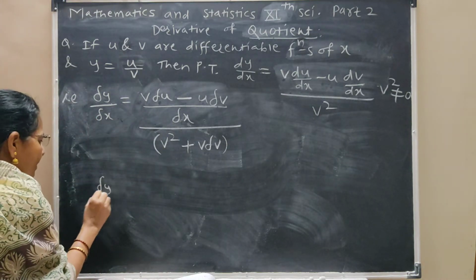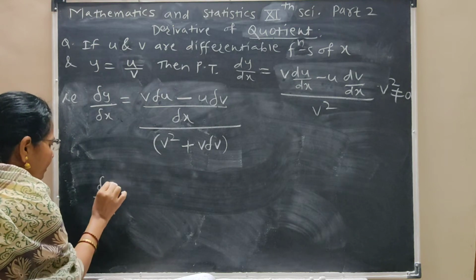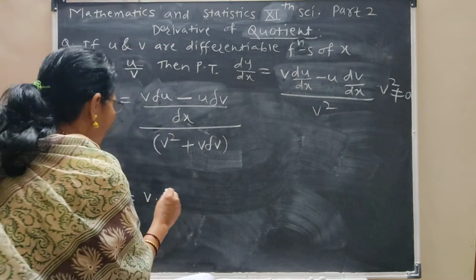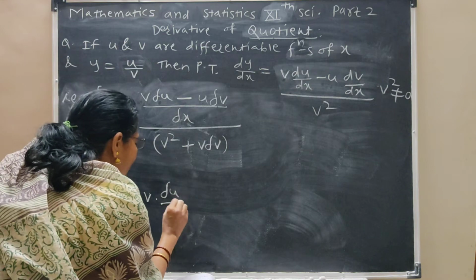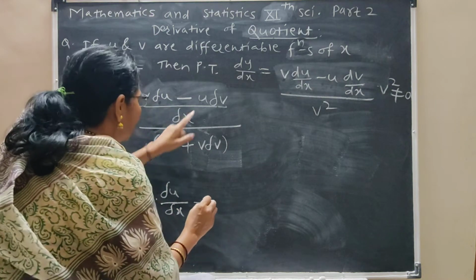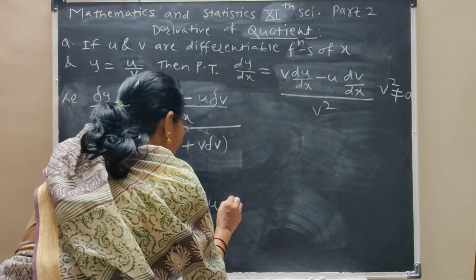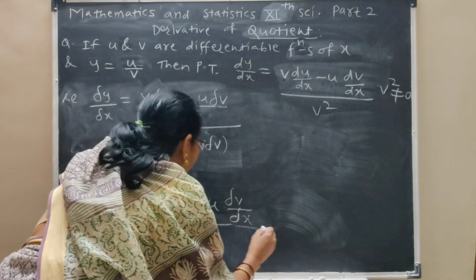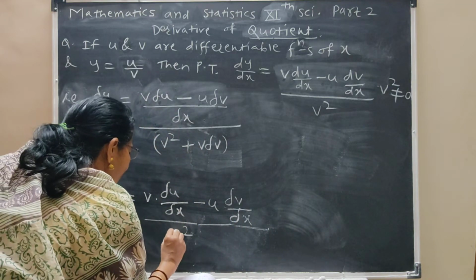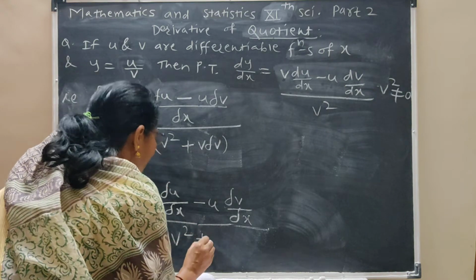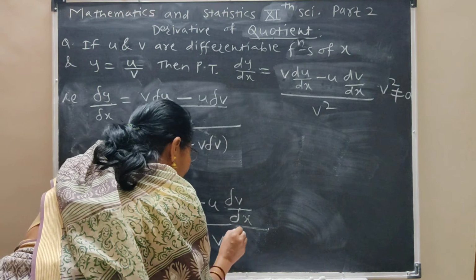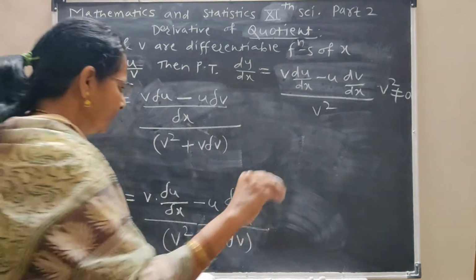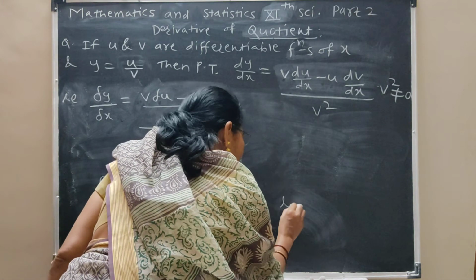Delta y by delta x is equal to v delta u by delta x minus u delta v by delta x, upon v square plus v delta v, and here we have to take limit.